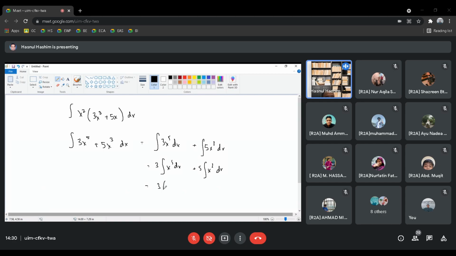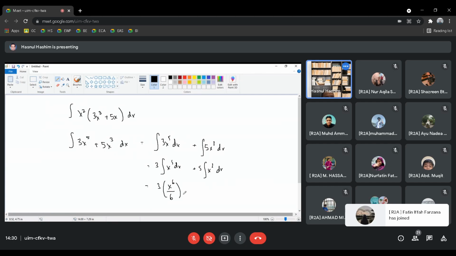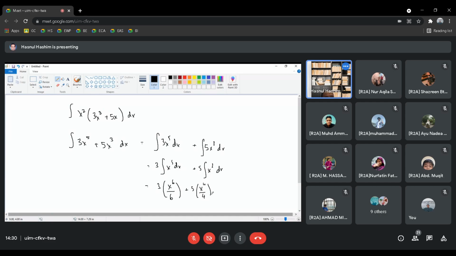So here will be 3 times x to the power 6 over 6 plus 5 times x to the power 4 over 4 plus c. So the answer will be 1/2 x to the power 6 plus 5 over 4 x to the power 4 plus c.